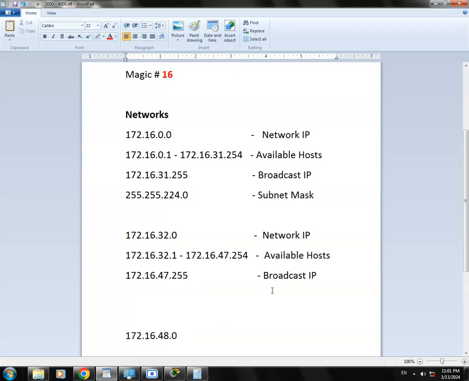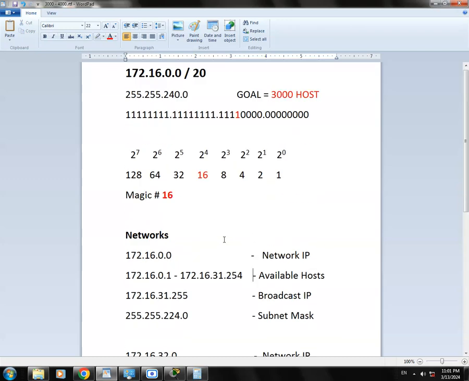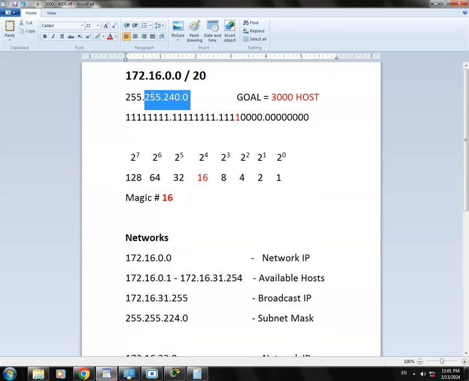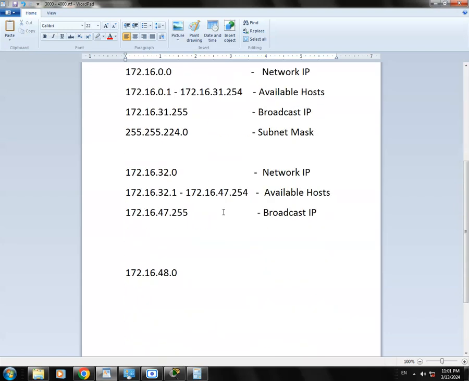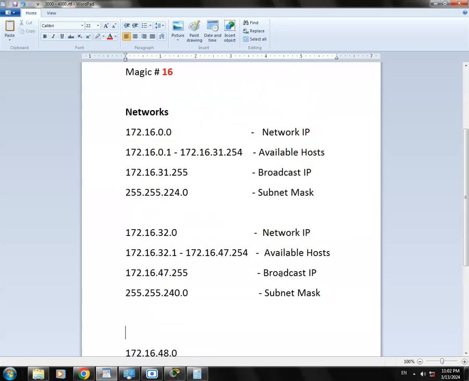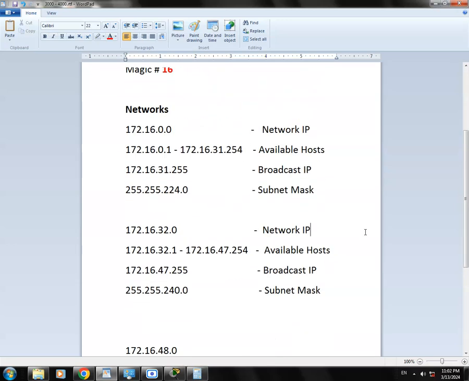And one more thing, we need to put the subnet mask on this one. This is the subnet mask, let me just copy this. And there you go, it's good to go.